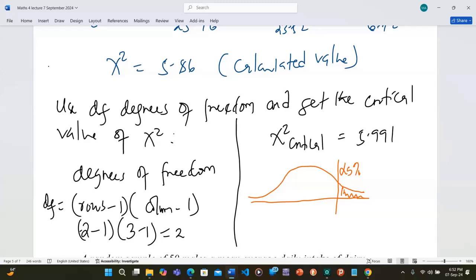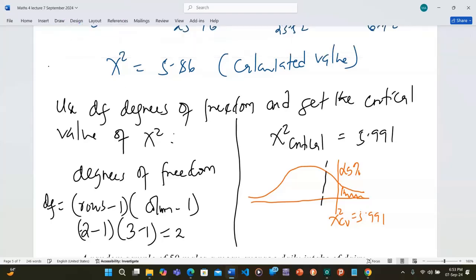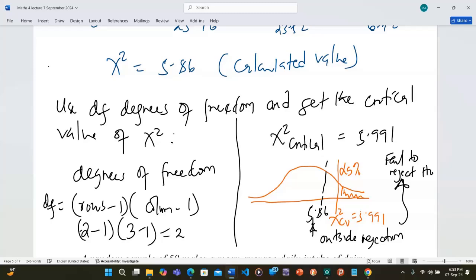So if the chi-squared critical is 5.991, where is 5.86? 5.86 is outside the rejection region. So what does that mean? Fail to reject the null hypothesis.